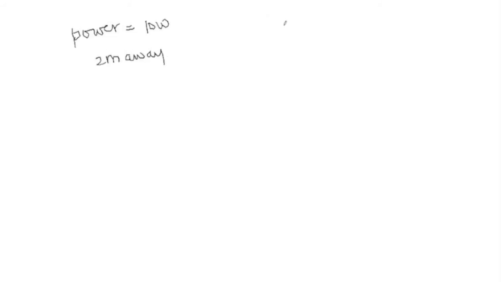It's a point source, so your point source is going to have a spherical shape, so the area is 4 pi R squared, so it's going to be 4 pi times 4, 16 pi.